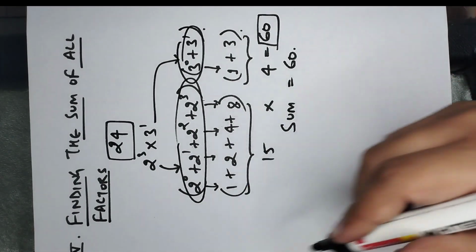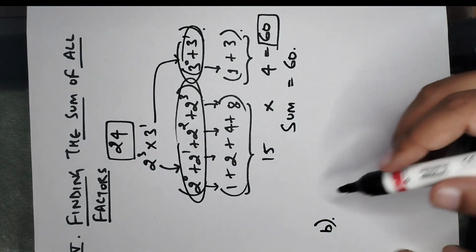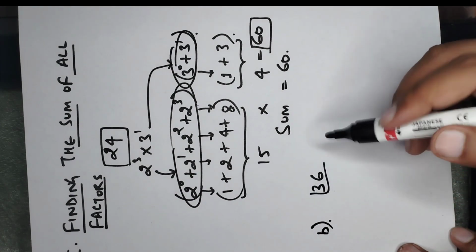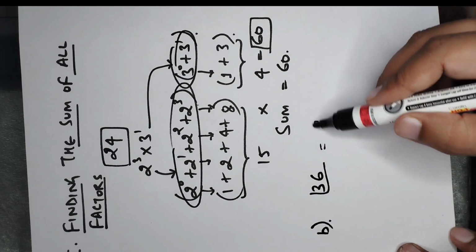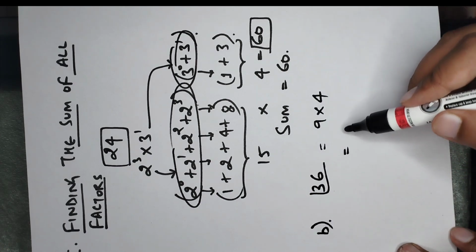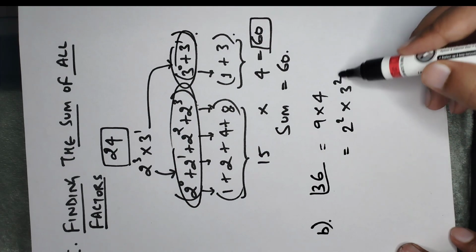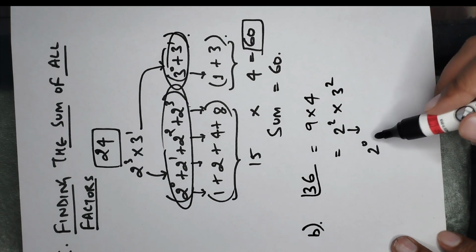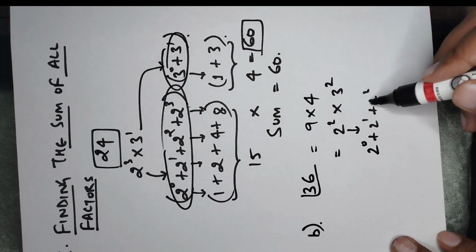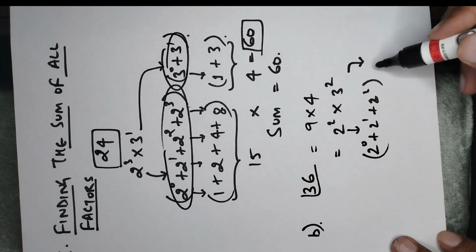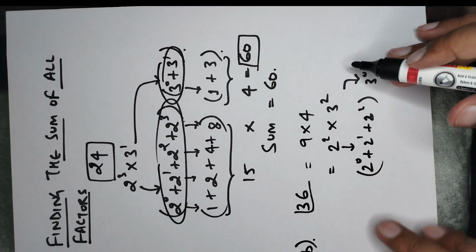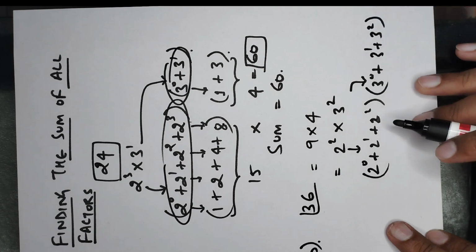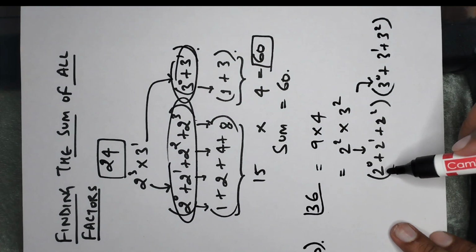Let us take another example. Let us talk about 36. Now this 36 can be written as 9 multiplied by 4, or I can write it as 2 square multiplied by 3 square. Now again expanding this 2 square, I can write it as 2 raised to the power 0 up to 2, and then 3 square can be written as 3 raised to the power 0 up to 2, and then I can write the respective values of all of them.